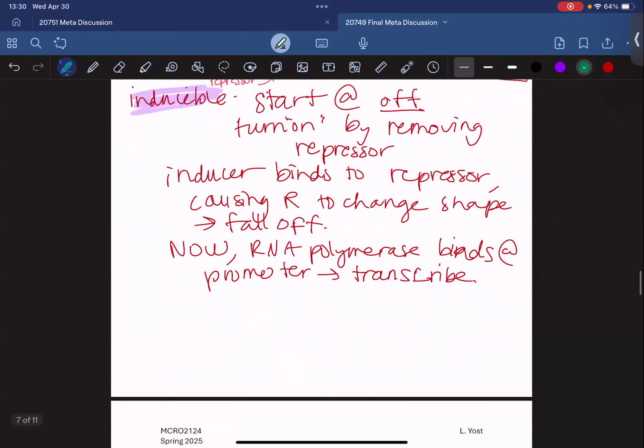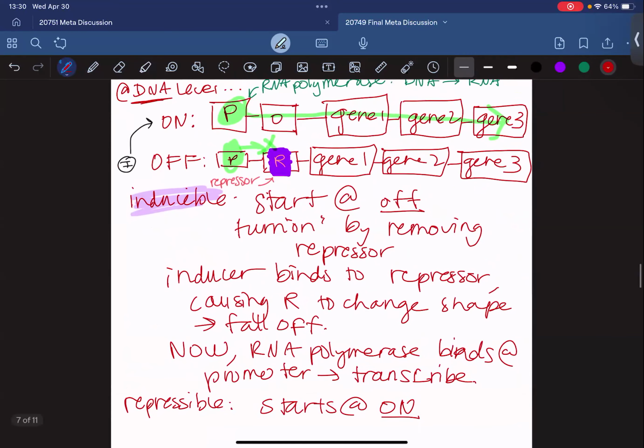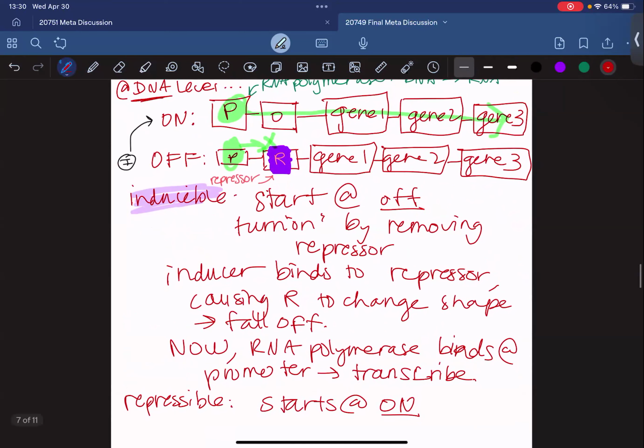So the other one is the repressible. This one starts at on, meaning there's no repressor bound, so it can turn off.